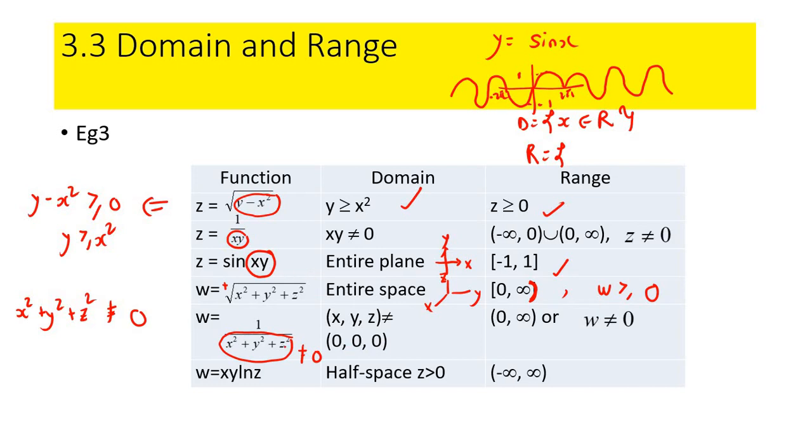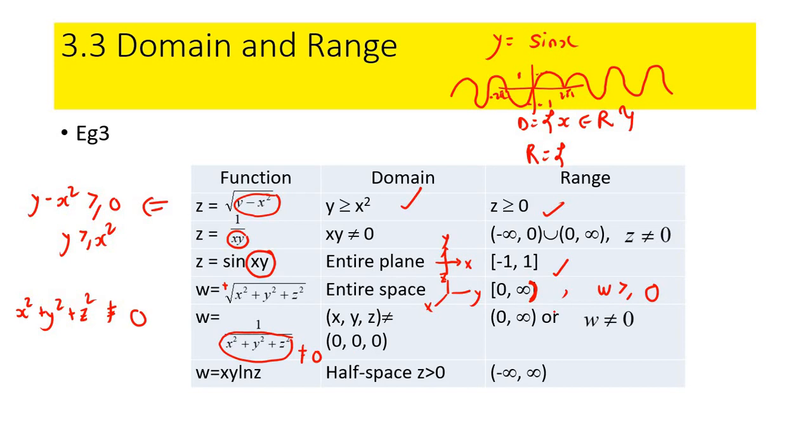Only one case happens: if x is 0, y is 0, z is 0, then we get x squared plus y squared plus z squared equal to 0. That's why for the domain, you can take all values except x, y, z all equal to 0.